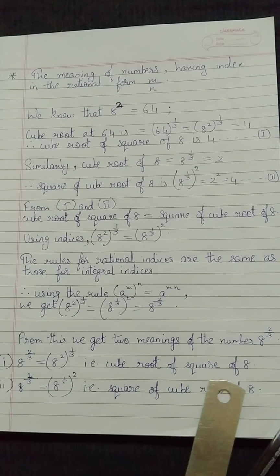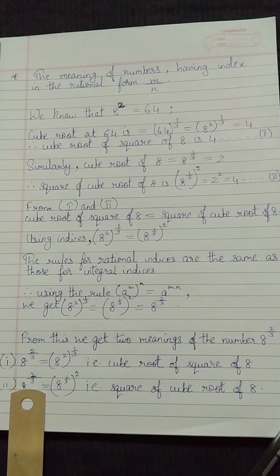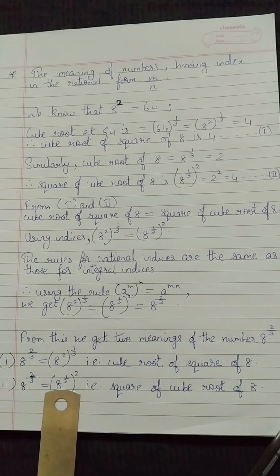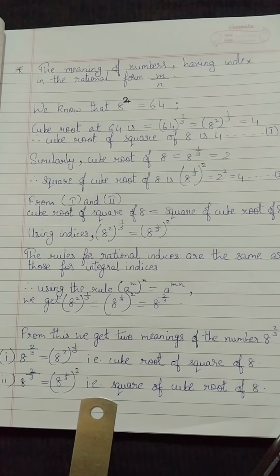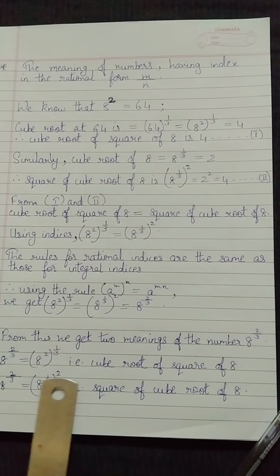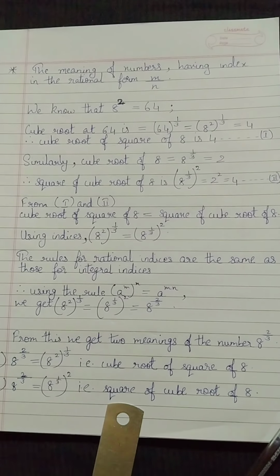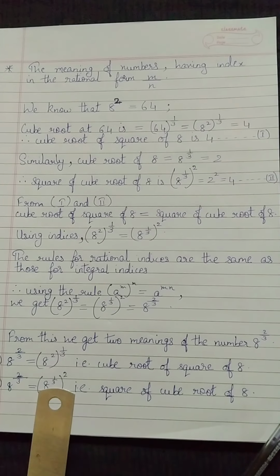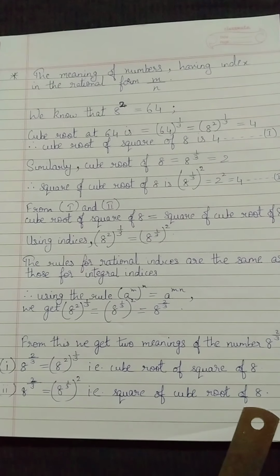And 8 raised to 2 upon 3 is equal to 8 raised to 1 upon 3 with 2 outside the bracket, that is the square, which comes first: the square of the cube root of 8.